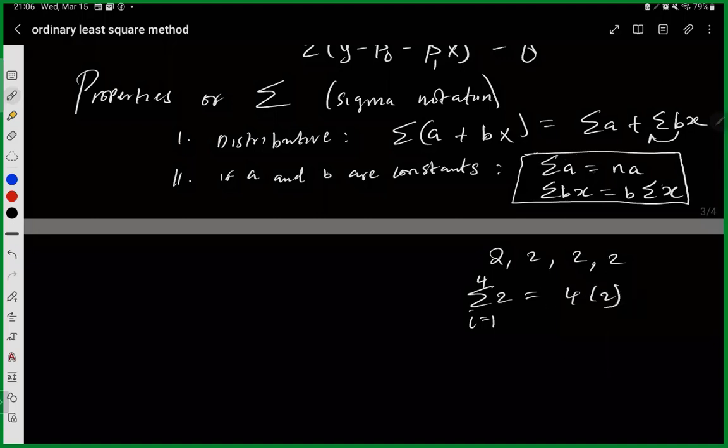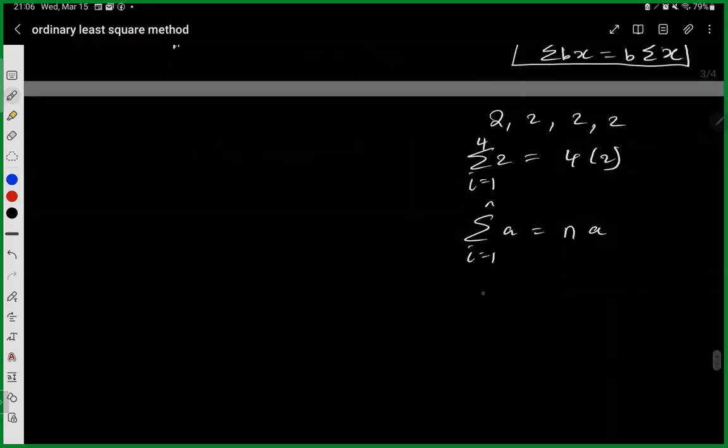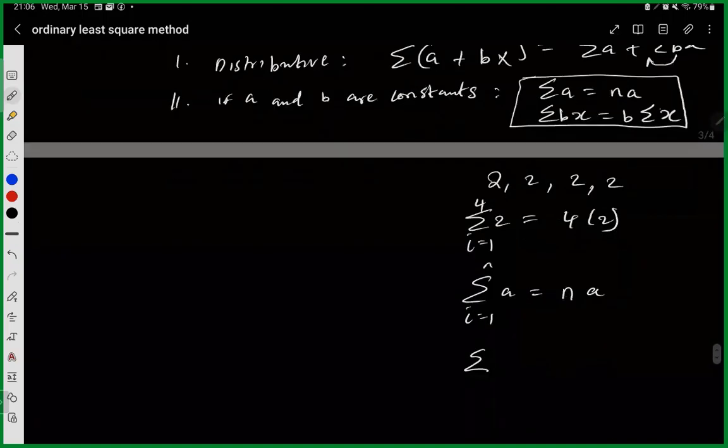So in short, summation from i equals 1 to n of a is equal to n times a. Also for the second part, this runs from 1 to n.